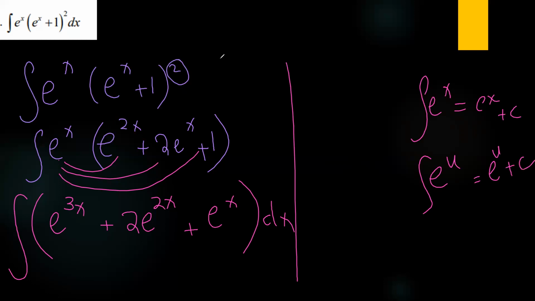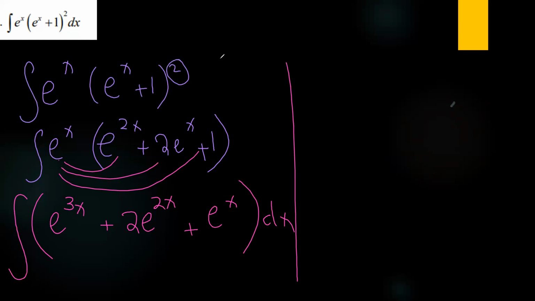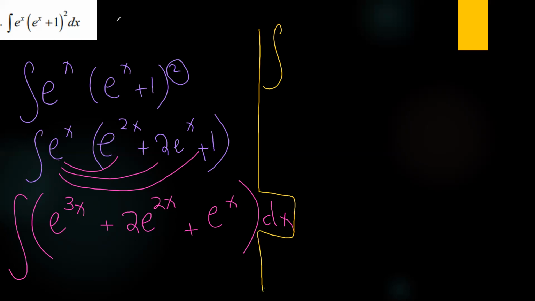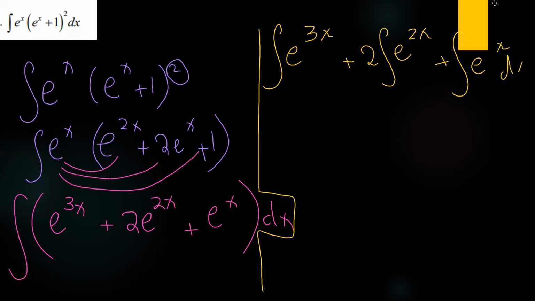So here we have the integration of e to the power 3x plus 2 times the integration of e to the power 2x plus the integration of e to the power x dx.